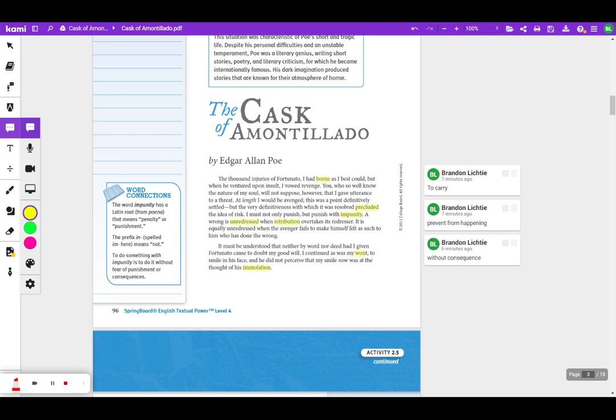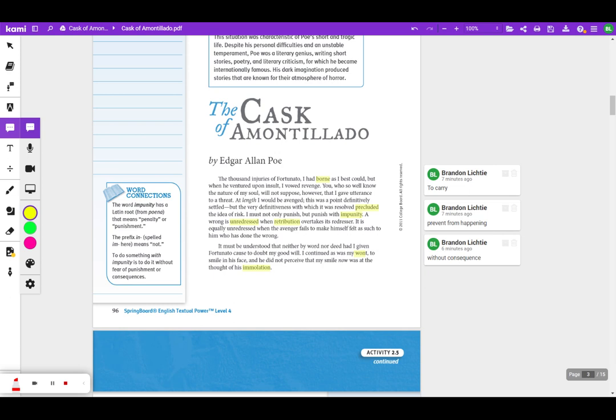A wrong is unredressed when retribution overtakes its redresser. It is equally unredressed when the avenger fails to make himself felt as such to him who has done the wrong. It must be understood that neither by word nor deed had I given Fortunato cause to doubt my goodwill. I continued as was my wont to smile in his face, and he did not perceive that my smile now was at the thought of his immolation.